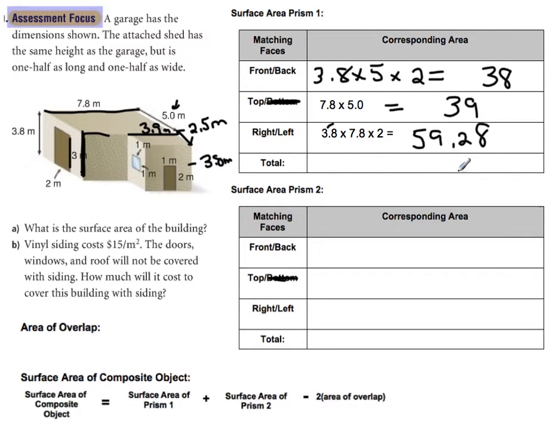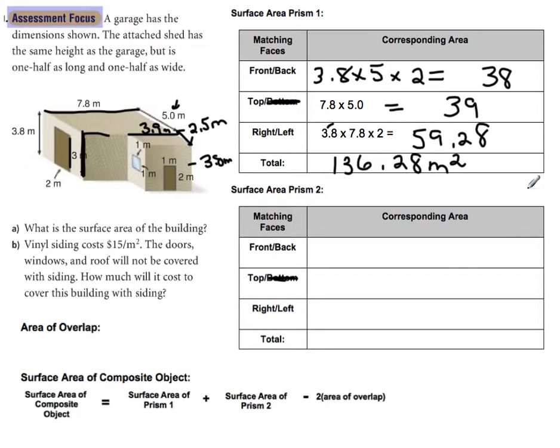So now we're going to have to add them all together. So 59.28 I already have in my calculator, so I'm just going to add 39 and add 38, and I get 136.28. And this is meters squared. I'm just going to double check my calculations. Make sure you guys are always double checking your calculations before you move on.